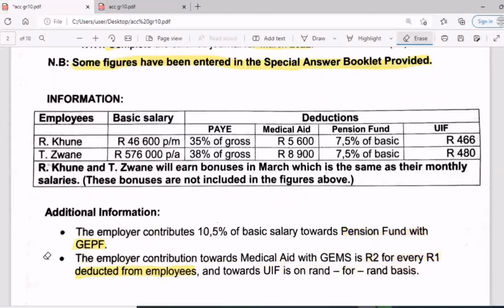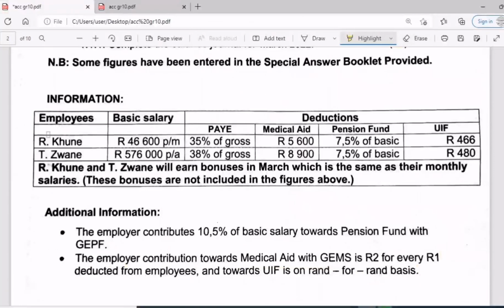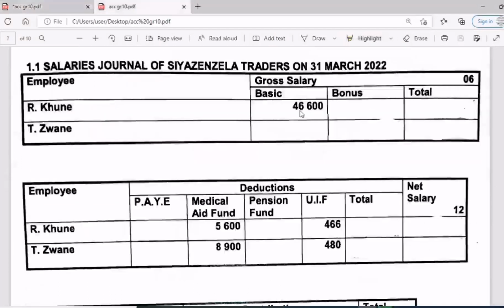I'm just erasing here. So for Kune, his basic salary is 46,600 per month. So this has already been entered in the journal.